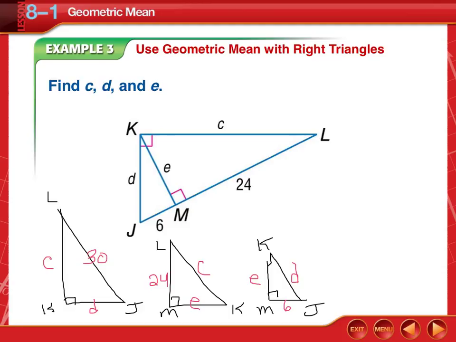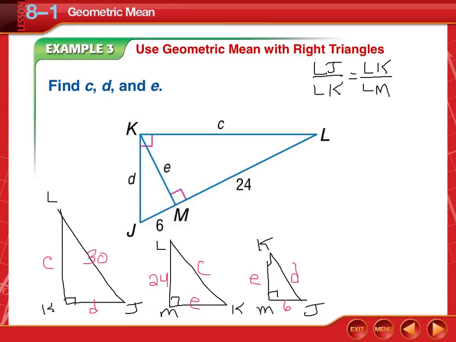So that's a proportion that we can write right away and solve for C. So let's go ahead and say LJ hypotenuse is to LK hypotenuse, as LK long side is to LM long side.